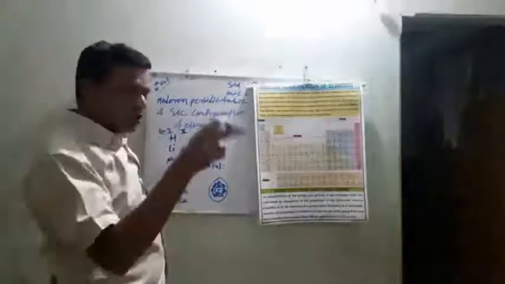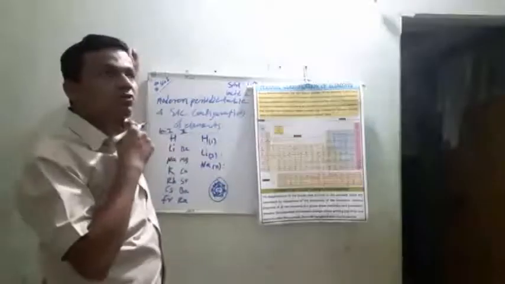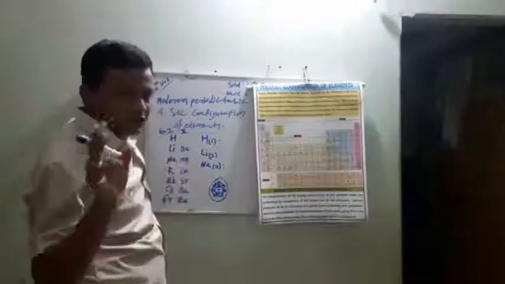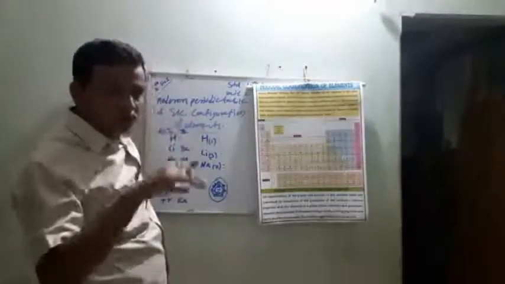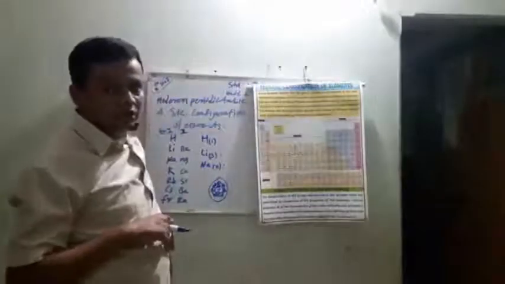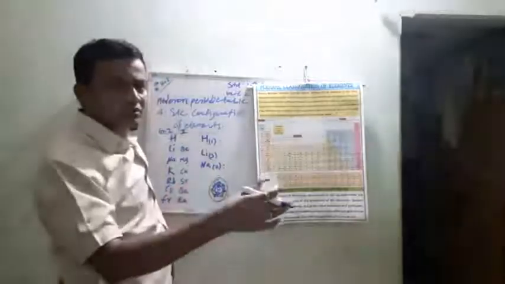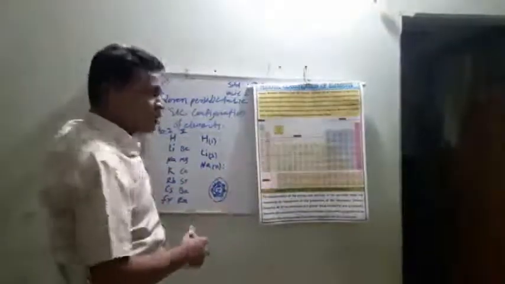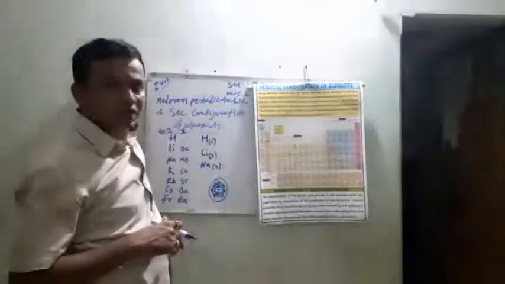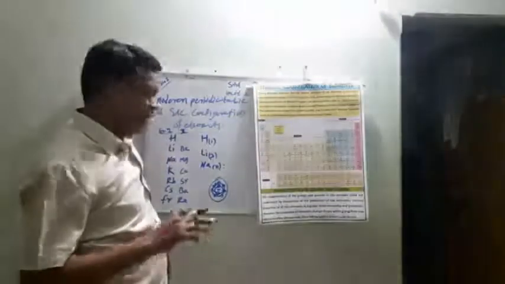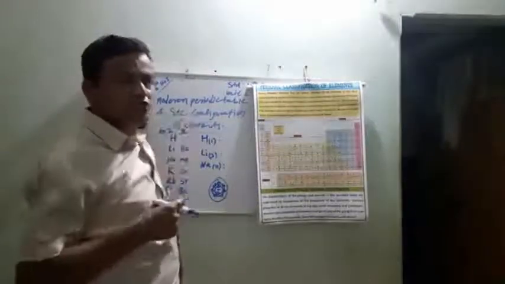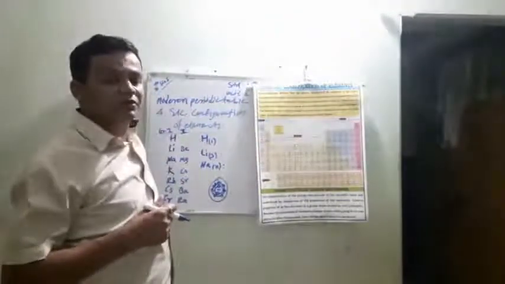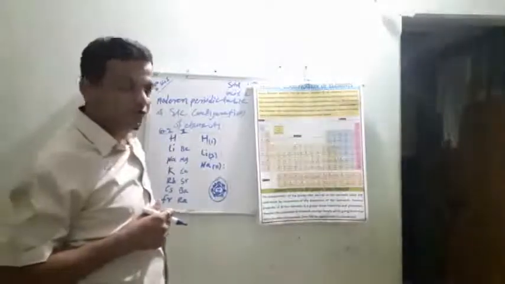Now the second shell is known as L, and its capacity is 8 electrons. That is, the second shell contains a maximum of 8 electrons. Similarly, the next shell has a capacity of 18 electrons, and the fourth shell has a capacity of 32 electrons.